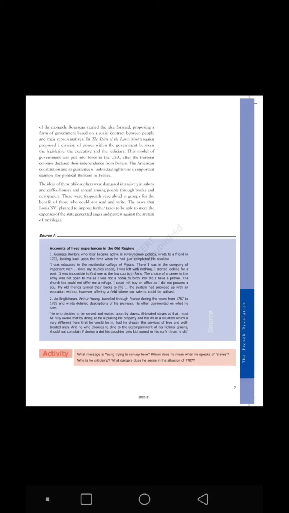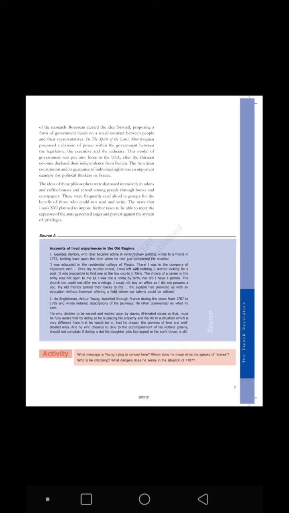He who decides to be served and waited upon by slaves, ill-treated slaves at that, must be fully aware that by doing so he is placing his property and his life in a situation which is very different from that he would be in had he chosen the services of free and well treated men, and he who chooses to dine to the accompaniment of his victim's groans should not complain if during a riot his doctor gets kidnapped or his son's throat is slit.